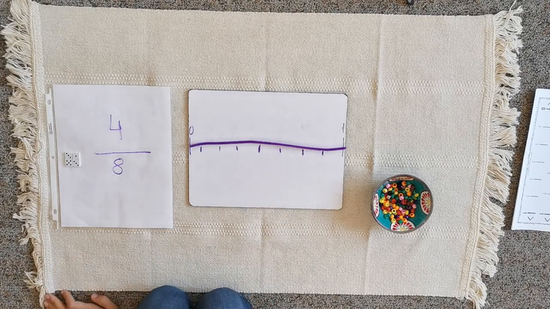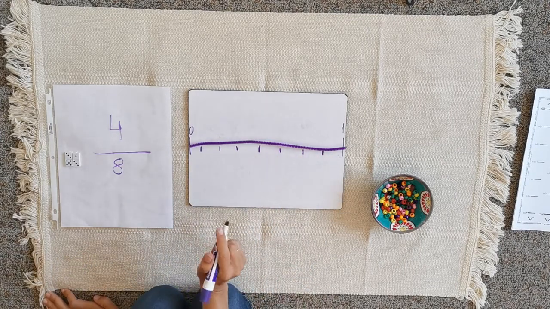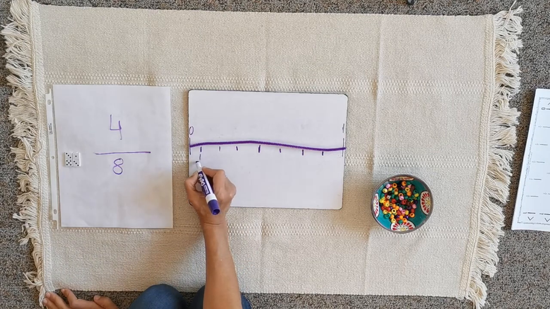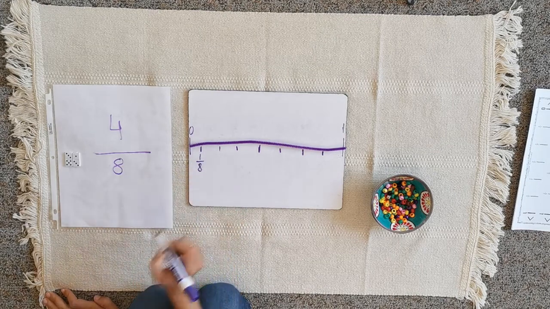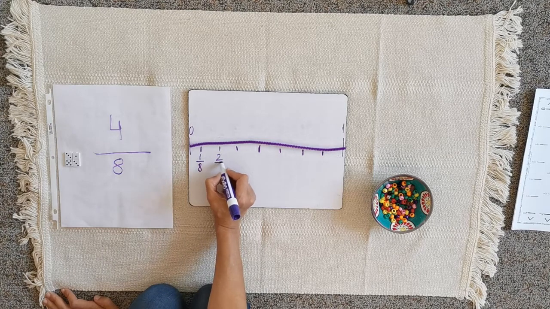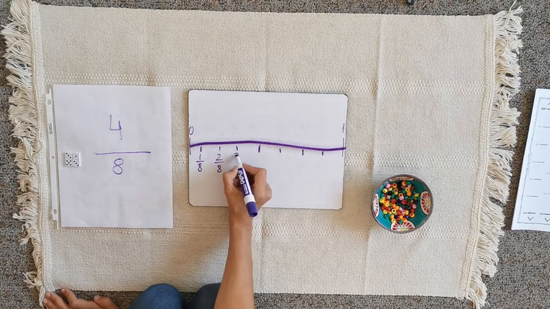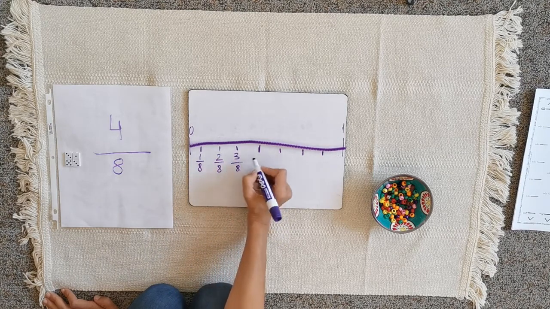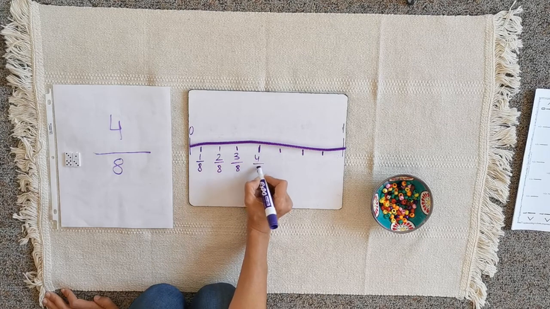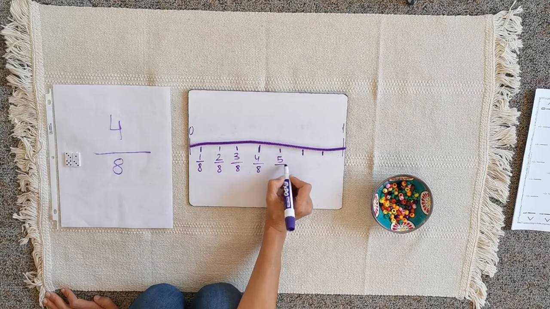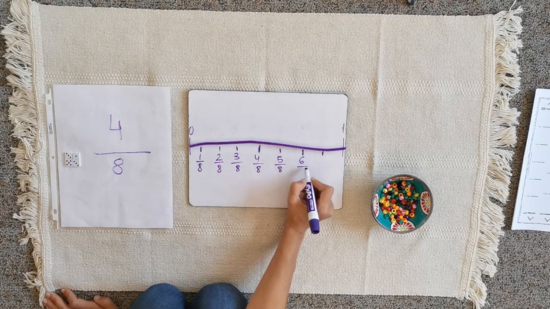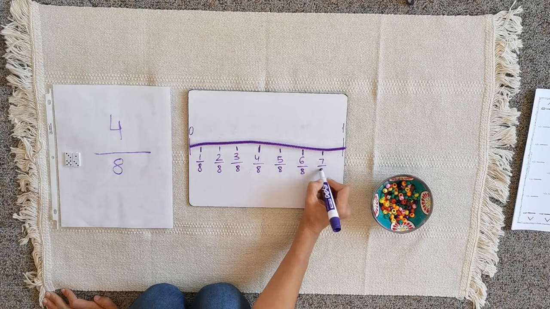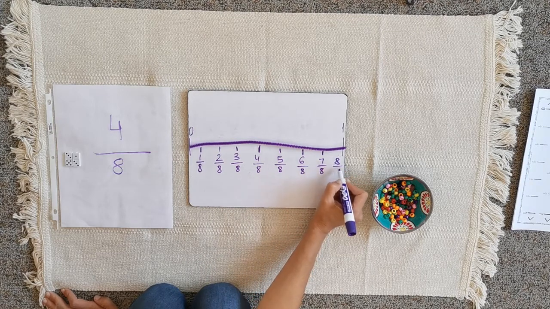Perfect. Where is my 4/8? This will be my first eighth, second eighth, third eighth, fourth eighth, my fifth eighth, and my 8/8.